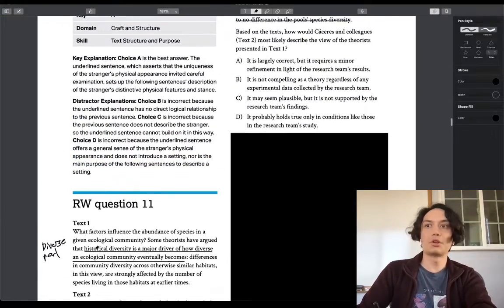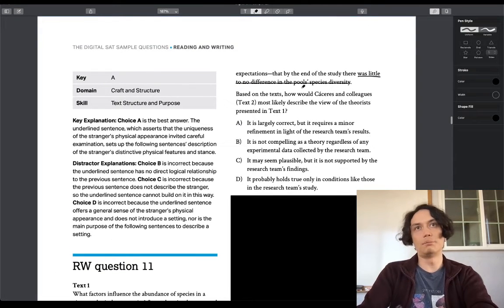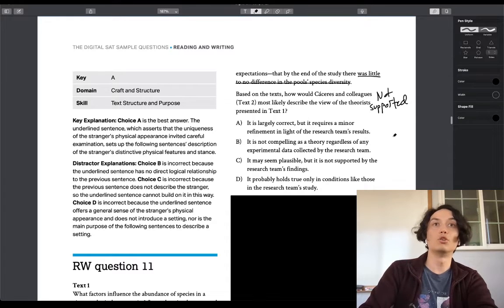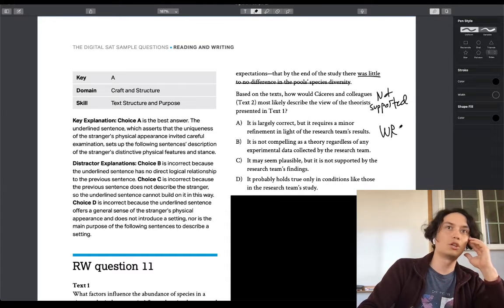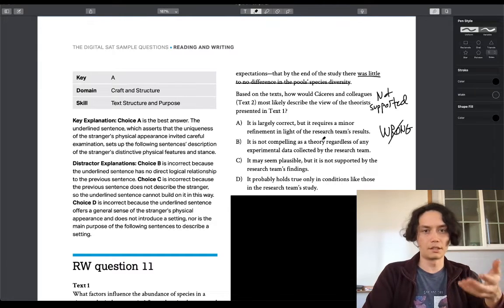The theory that historical diversity matters is dumb and bad, or is at least, sorry, we don't want to say, well, it's not supported, and then it will be important, as it always is, to not overstate it. Doesn't mean the theory is wrong. That's too strong. It just means that this study didn't give support to the theory.